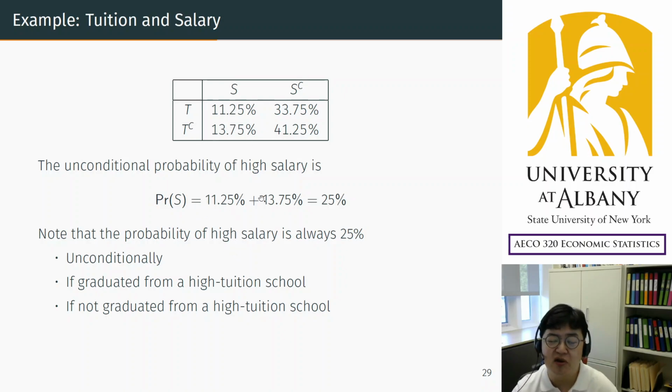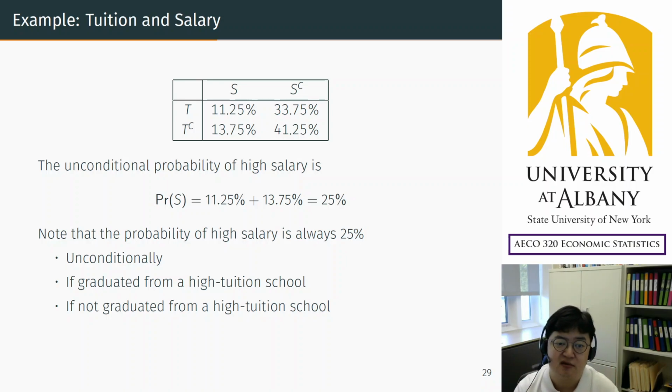The denominator is the whole set, which is, of course, 100%, so you don't need to calculate the denominator here. What you can see here is an intuitive result. It doesn't matter whether you graduated from a high tuition school or low tuition school. Still, you are going to earn a high salary with 25%.